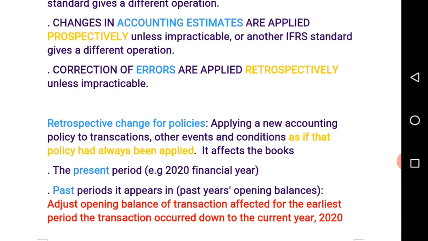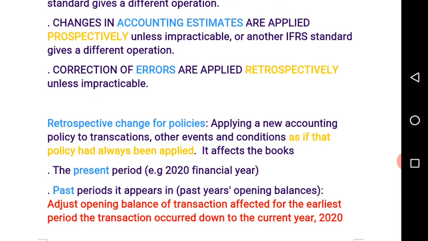If they are to present a financial year and you find out that we want to change this policy, this rule that we've been using for presenting this transaction, we'll change it for the year 2020, which is the present or current period.